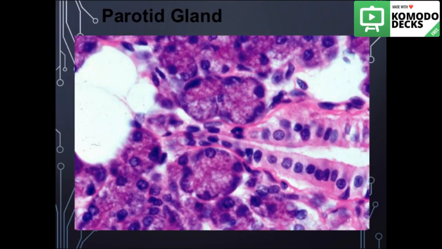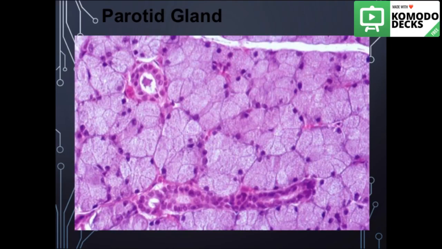Here also showing the intercalated duct compressed between the serous acini and the parotid gland. The white spaces are the fat cells. A view showing the small intercalated ducts, the wider striated ducts.